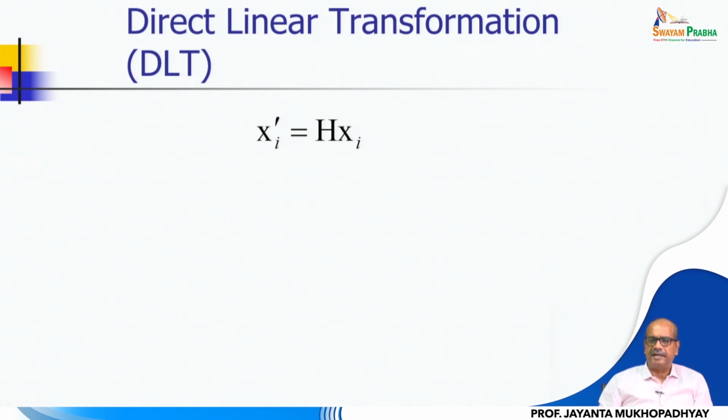So to address those issues, instead of only these 4 point correspondences, to make it robust, we take a larger number of point correspondences, so that we can either select some good point correspondences, or on the average we can make the result robust.